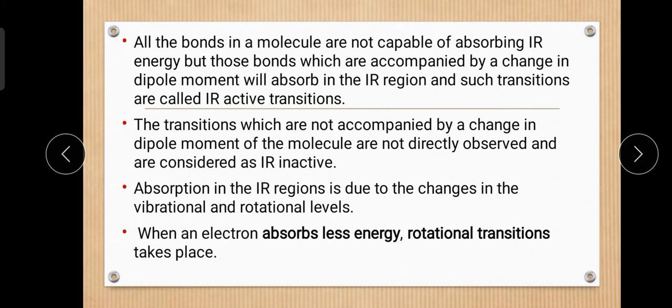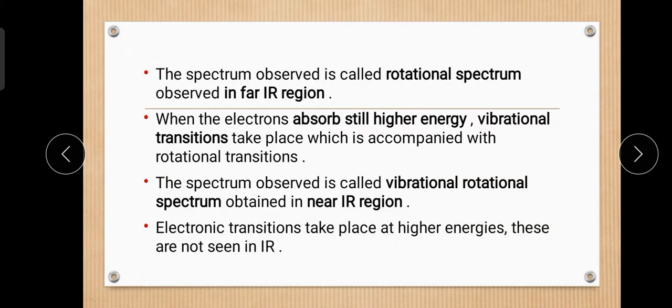So for small energy the rotational transition is possible, and the spectrum observed is called the rotational spectrum, observed in the far infrared region.